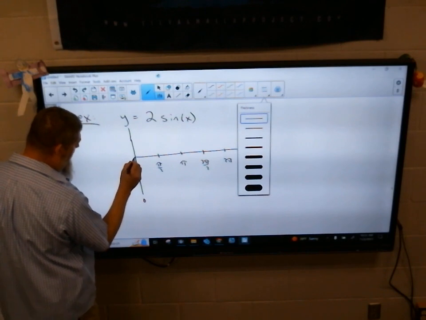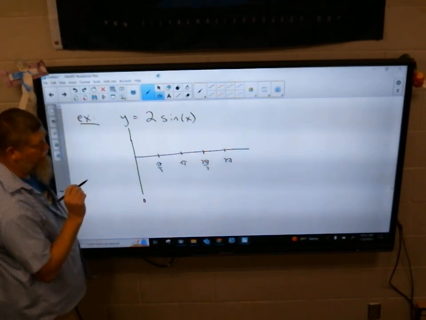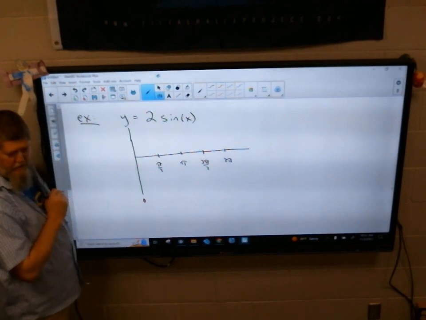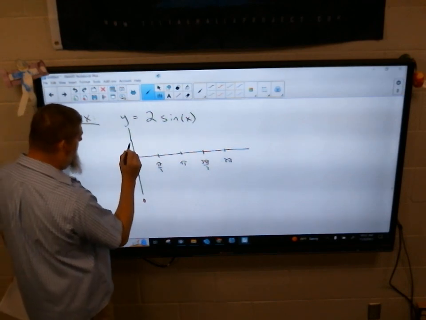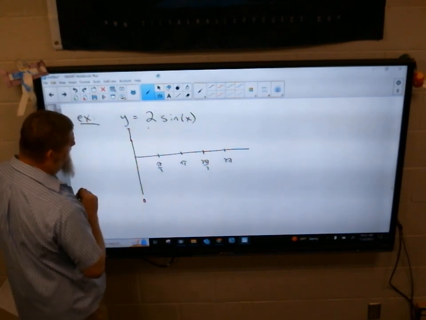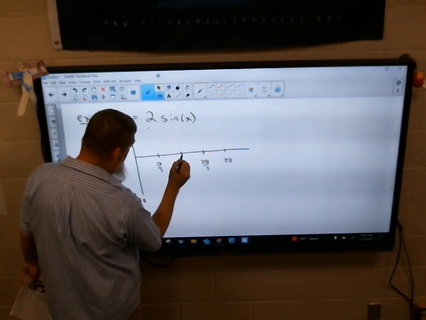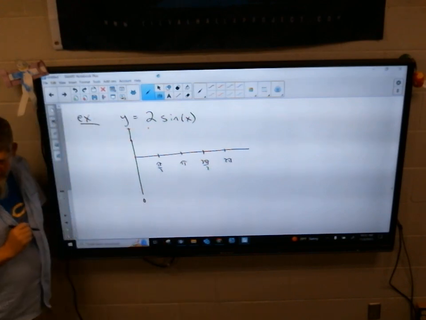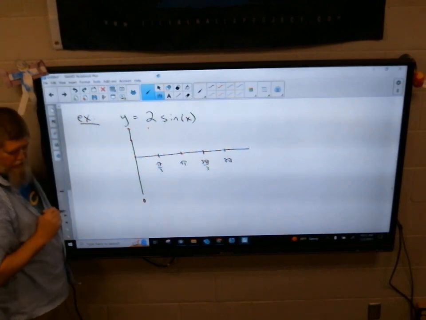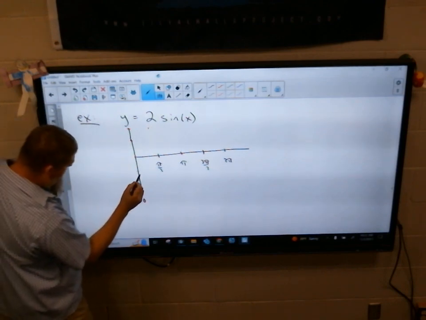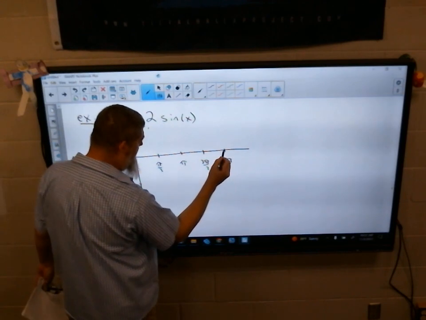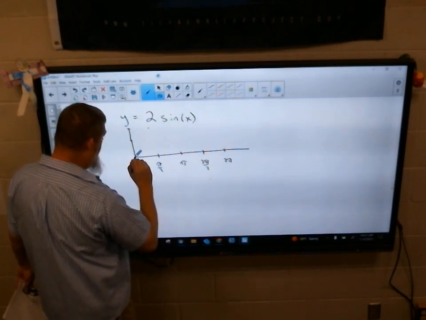But now the amplitude causes it to not go up to 1, but up to 2. It still comes back down to 0. How far down does it go though? It's supposed to go to -1, but since the amplitude is 2, now it goes down to -2. And then it returns back to 0. So we have our curve.